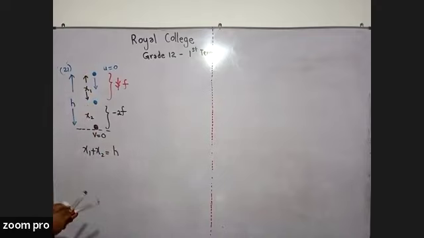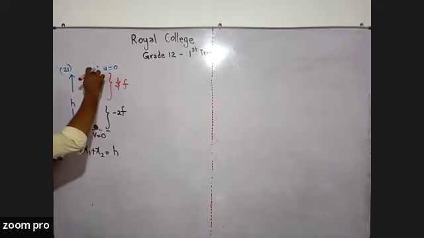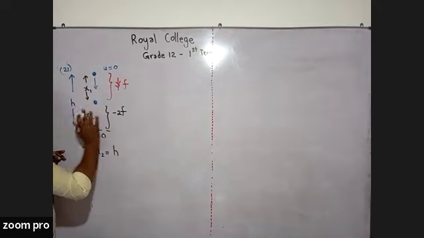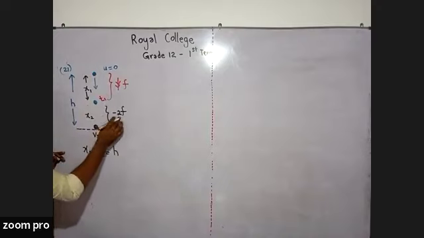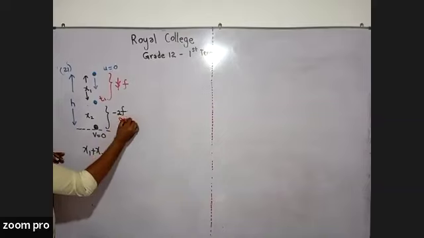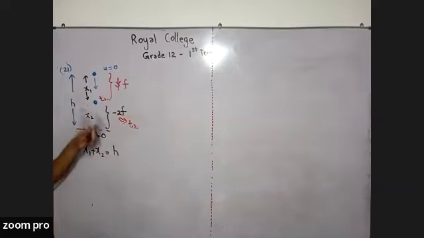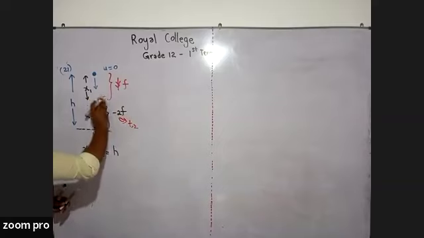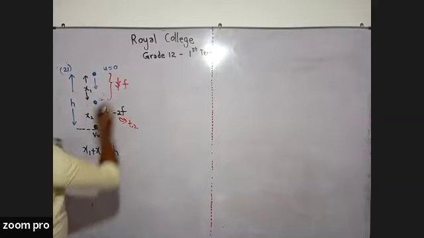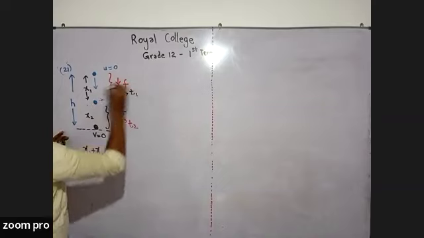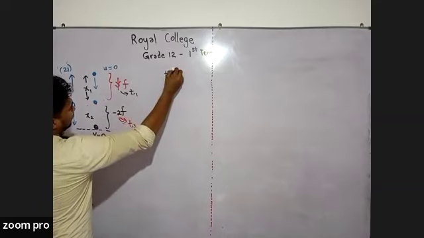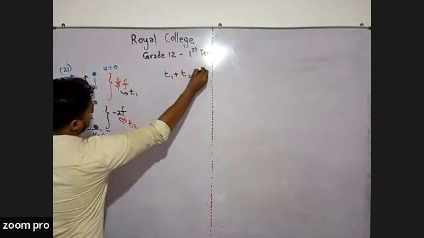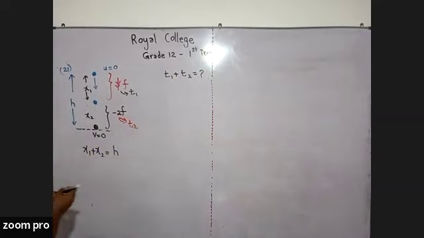And let's also assume that the time traveled by this elevator in acceleration is t1 and the time traveled with deceleration is t2. Now we have to obtain a value for t1 plus t2, right?